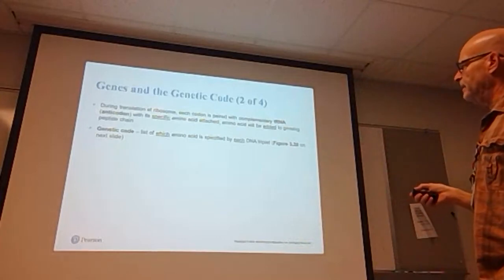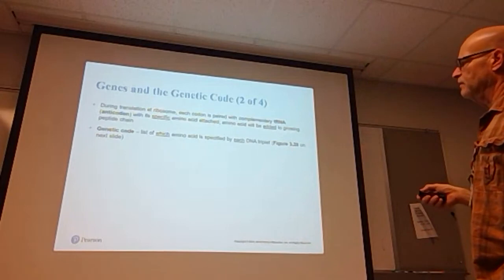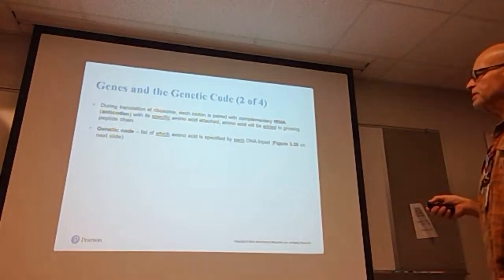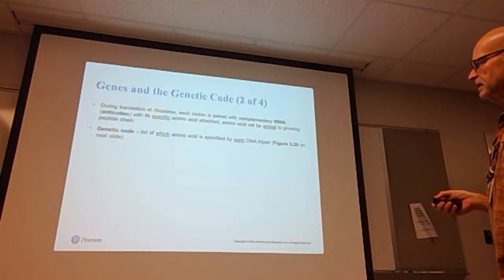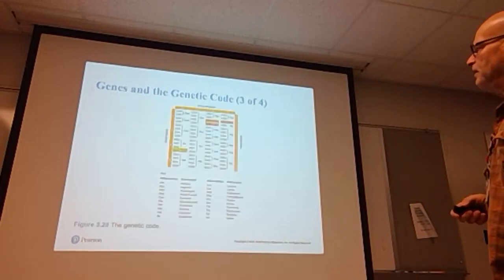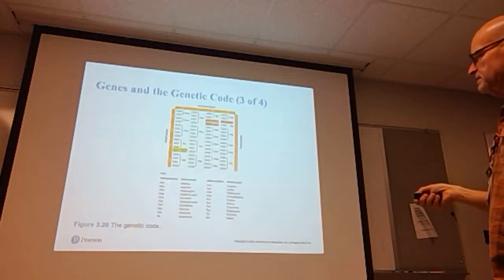And it has a specific amino acid attached to it. That amino acid will then be added to the growing peptide chain. And your genetic code is the list of which amino acid is specified by each DNA triplet. And there you go. There are the abbreviations for all the amino acids.